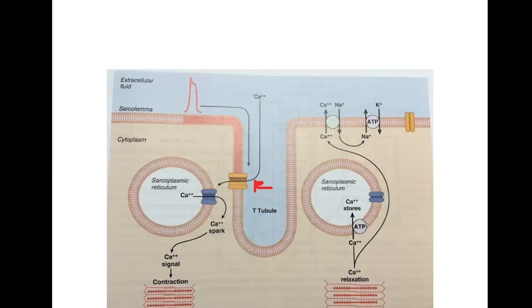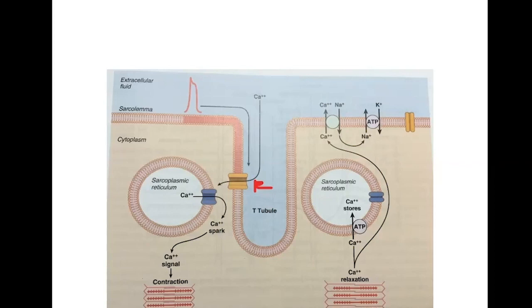About 10 to 20% of the calcium used during the excitation-contraction coupling and what is called the sliding filament mechanism, in other words, the shortening of the sarcomere, is going to come from the extracellular fluid. So 10 to 20% of the calcium required comes from the extracellular fluid.